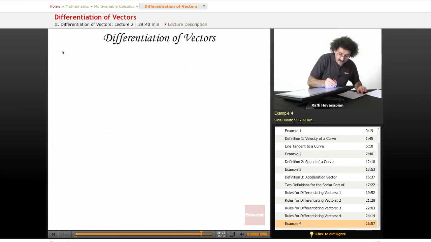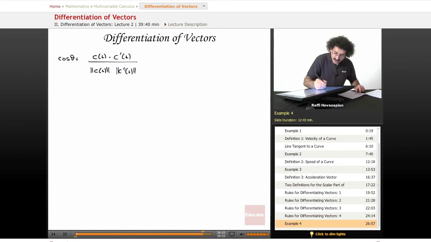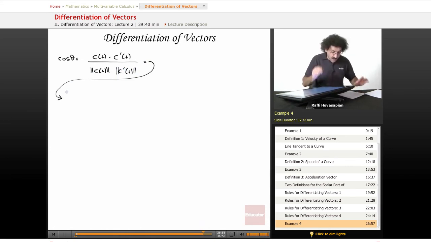So now let's write our definition of the cosine theta. The cosine theta is going to equal c of t dot c prime of t divided by the c of t norm times the c prime of t norm. Okay, that is going to equal, let me come down here so I have a whole lot of room. When I take c of t and dot it with c prime of t, here is what I end up getting.